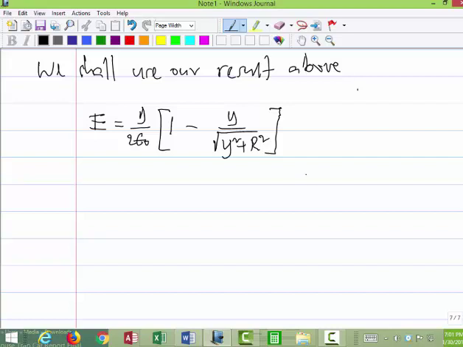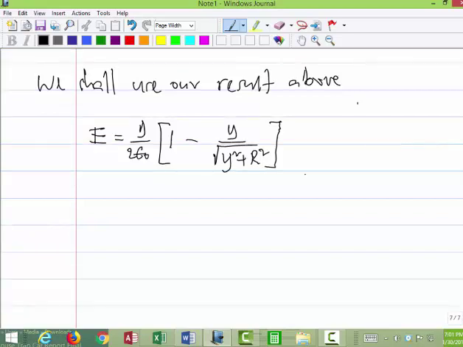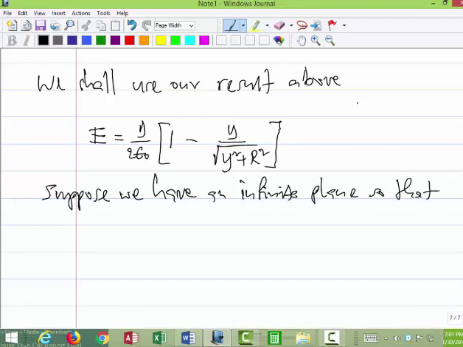So if we wanted to find the electric field of a plane, we can make the approximation that the plane is infinitely large so that the field is spread uniformly over the surface of the plane. Okay, so suppose we have an infinite plane so that the electric field then is going to be uniform on the plane. So we're not worried about the edges of the plane. So let's say R approaches infinity, or we can say R is much greater than Y in this case.